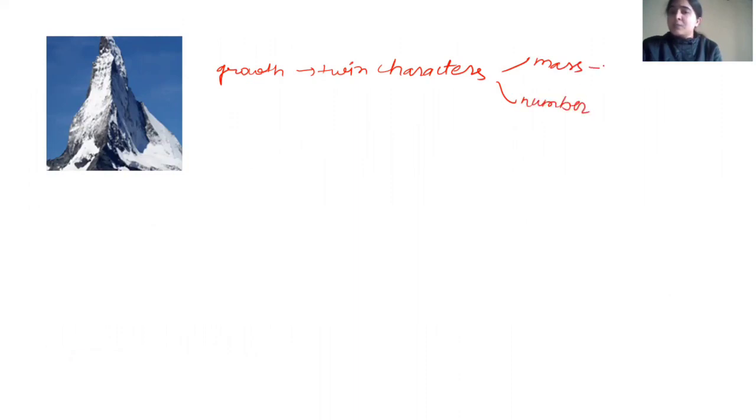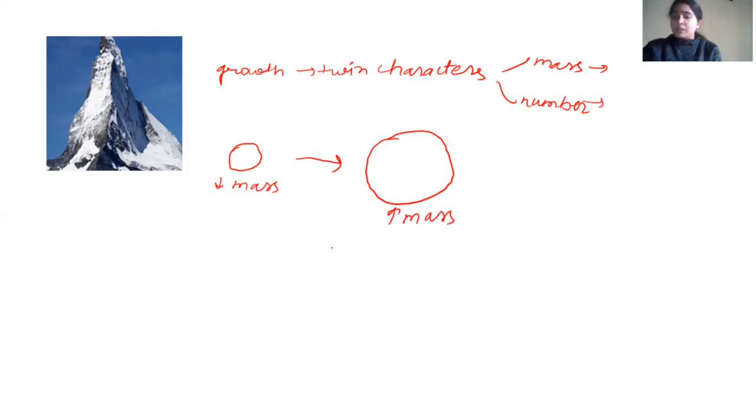So what is mass and what is number? When we say a cell is very small, that means it has low mass. After taking nutrition, after some time, it will grow into a large cell. So we can say that this is the increase in mass.